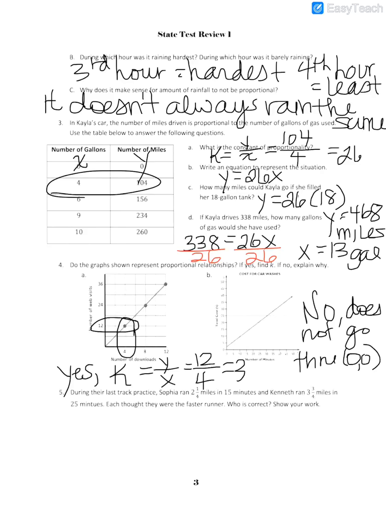All right, number 5. During their last track practice, Sophia ran 2 1/4 miles in 15 minutes, and Kenneth ran 3 3/4 miles in 25 minutes. Each thought they were the faster runner. Who is correct? Show your work. Okay, so let's start with Sophia. Her miles per minute is 2 1/4 divided by 15.